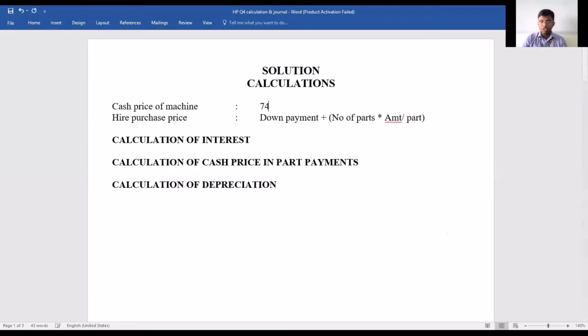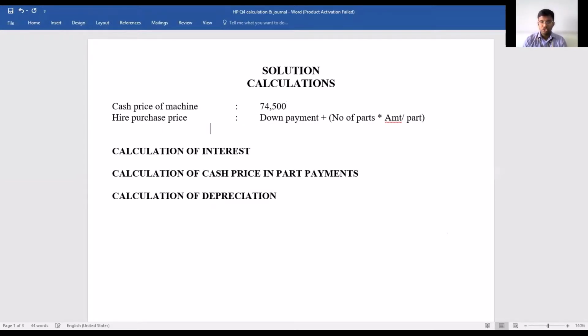So cash price, we know the cash price of the machine is 74,000. Now let us compute the hire purchase price. We know that hire purchase price we can compute using this formula: down payment plus number of parts into amount per part. So down payment is 20,000 plus number of parts. You are making three part payments into 20,000, which is the amount per part.